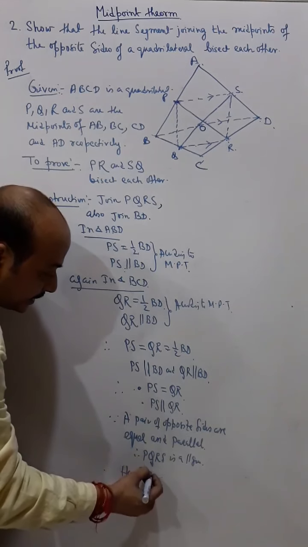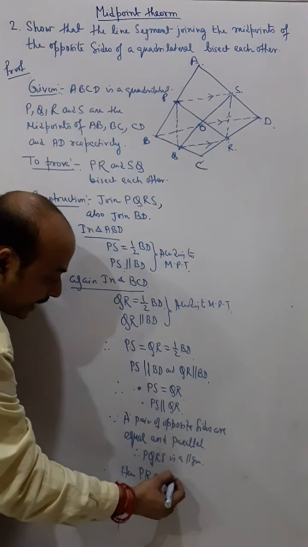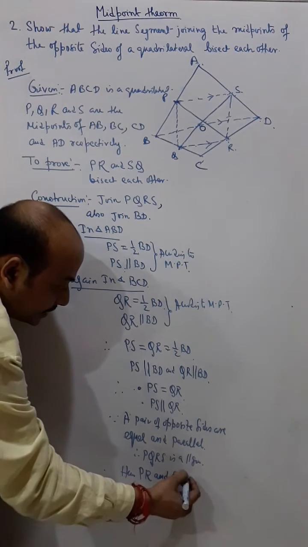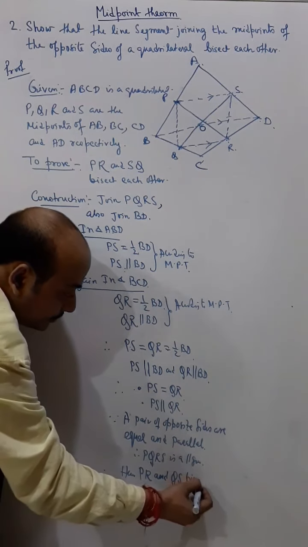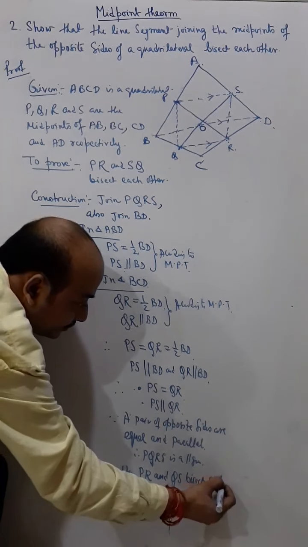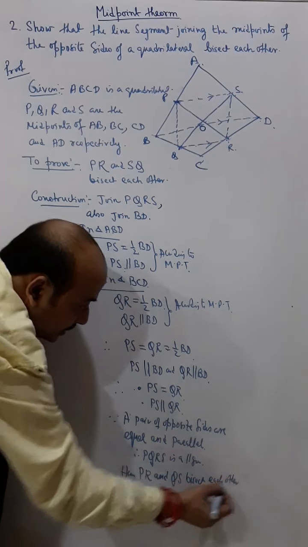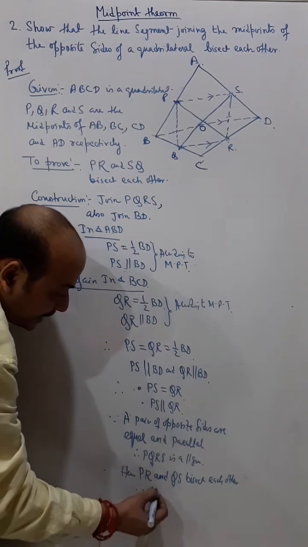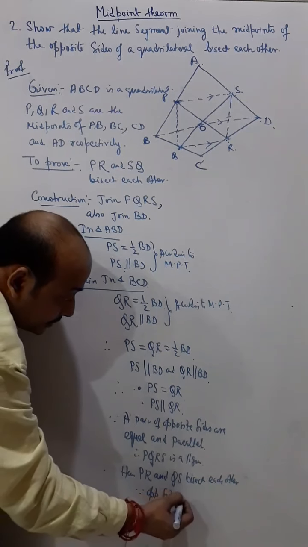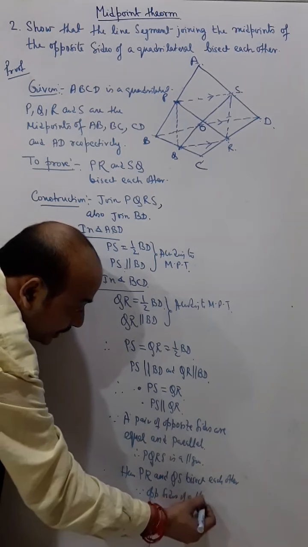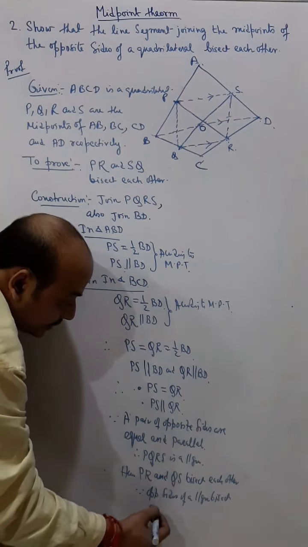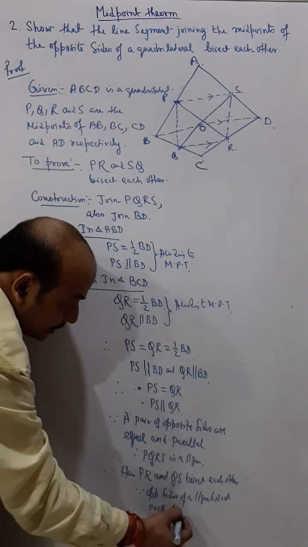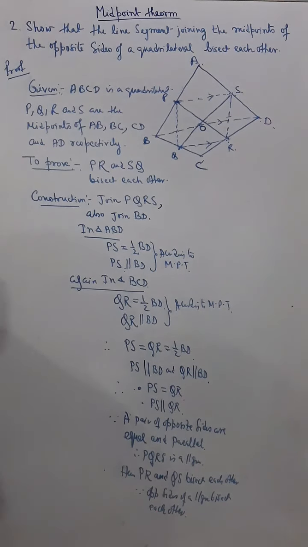Hence we can say that PR and QS bisect each other, since the diagonals of a parallelogram bisect each other. Okay, so therefore it is proved. Clear? Understand?